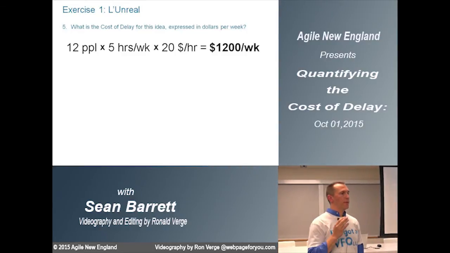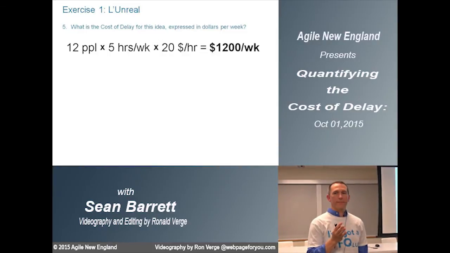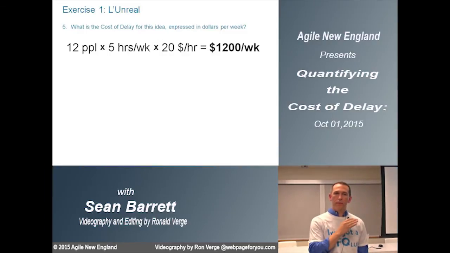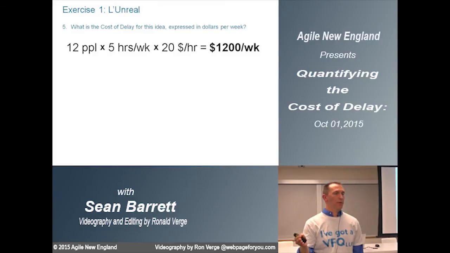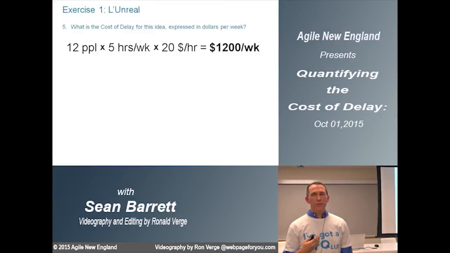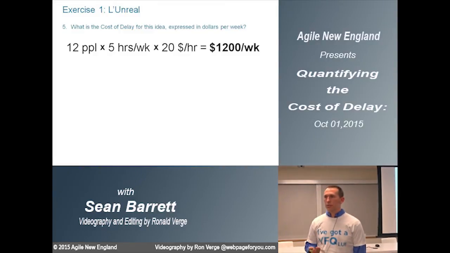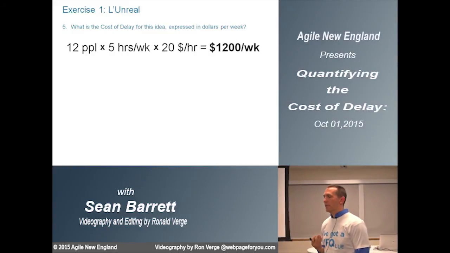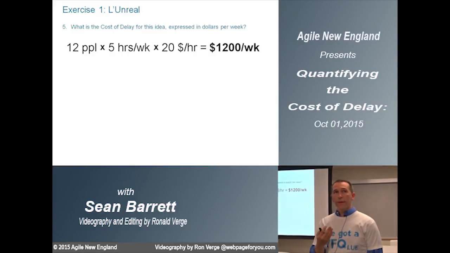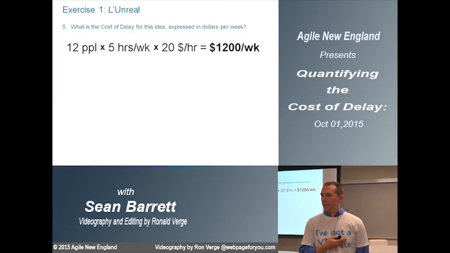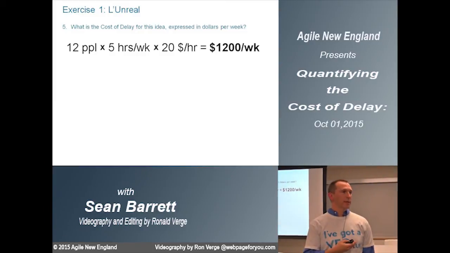Now, I want you to note that this is per week. So this is a ratio of how much you would lose every week that you wait. The reason for this is when you use this tool to have conversations with your peers, you can say, hey, the cost of delay on this is $20,000 a week. This is a really valuable idea.